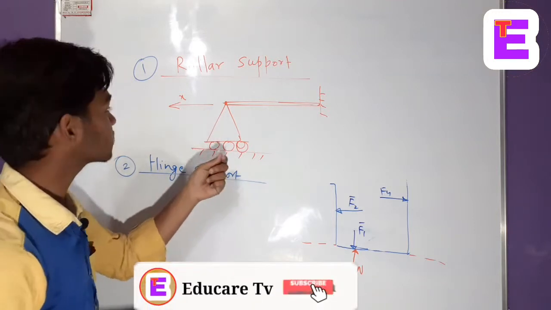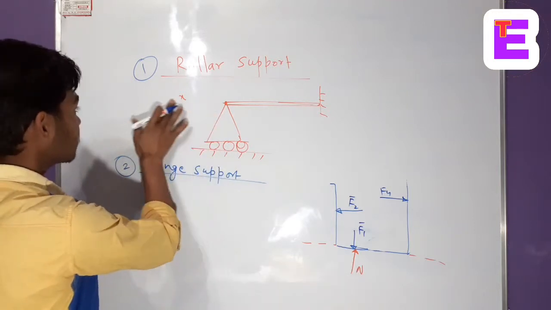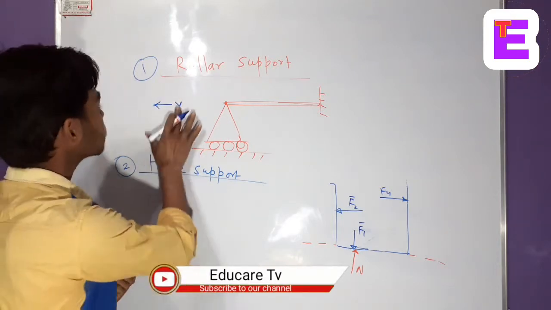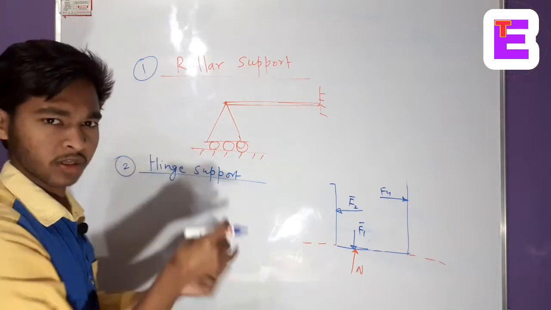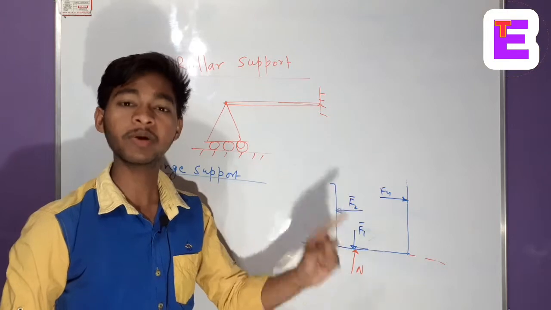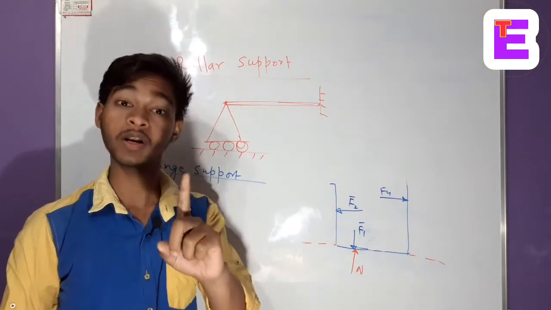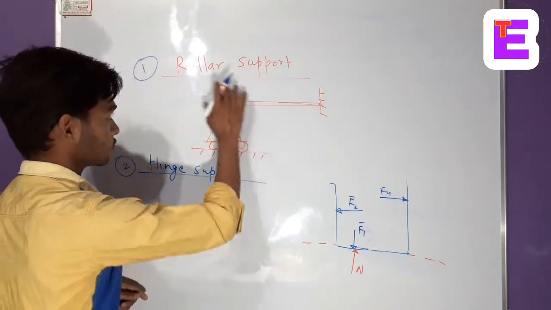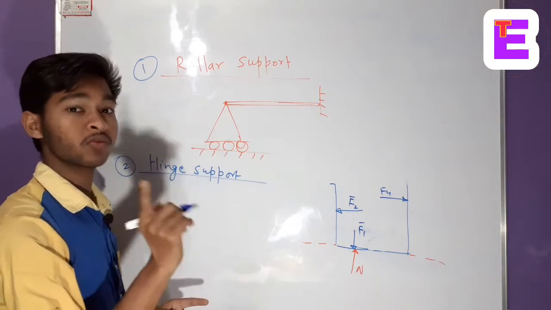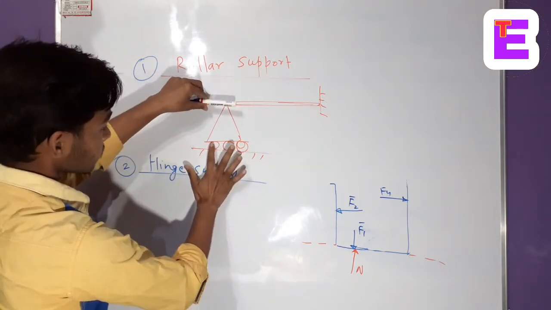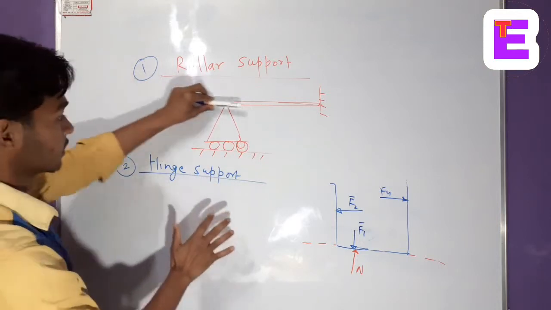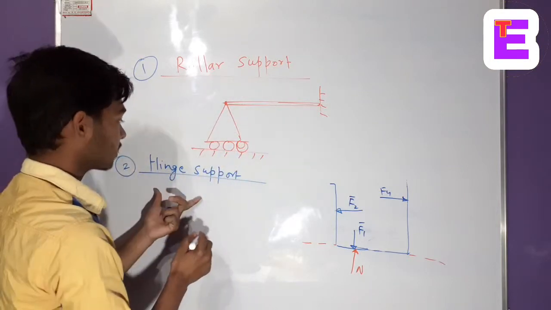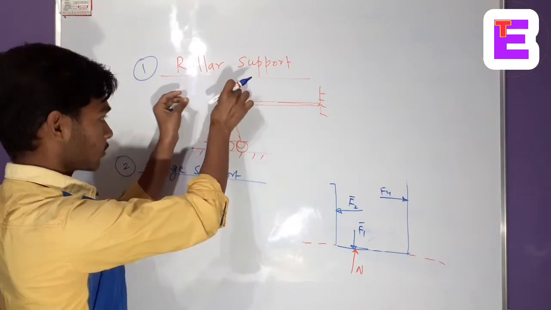It is not specific that we must say x direction and y direction; we may take it as the y axis. But it allows movement only in one direction. That's the important point to be noted here. The roller support allows movement only in one direction, along the rollers, and also allows rotation about this point.